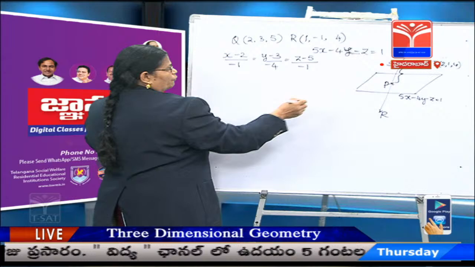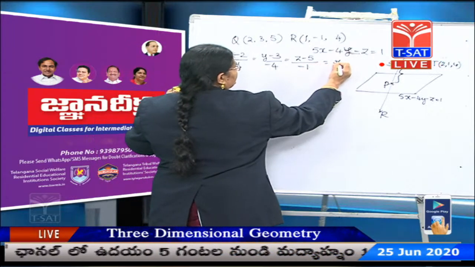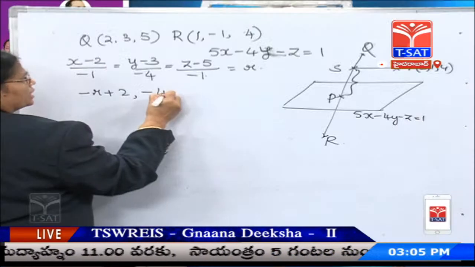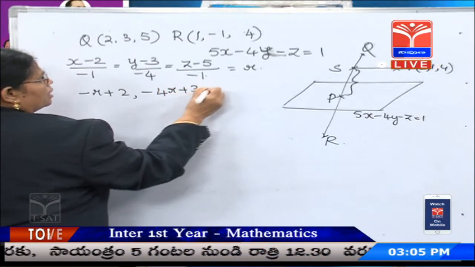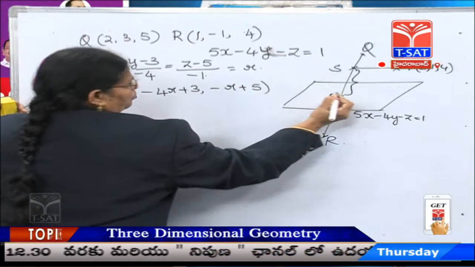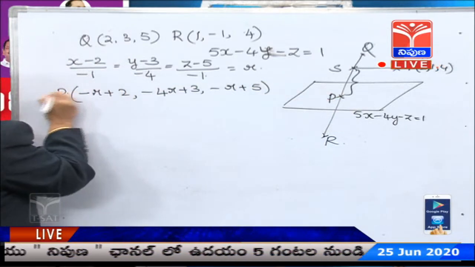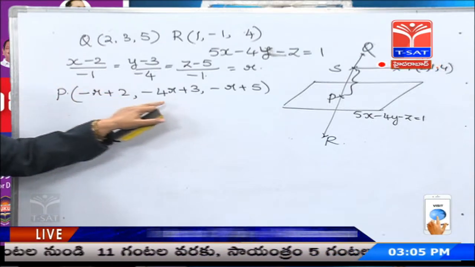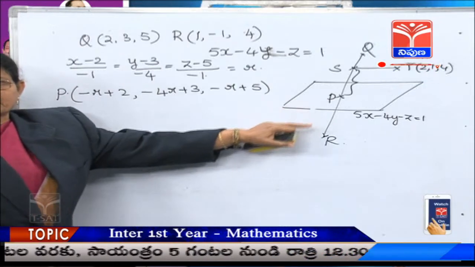Now, any point on this line is (minus r plus 2, minus 4r plus 3, minus r plus 5). This is the point P. Now, the next step: P lies on the plane, since it is the point of intersection of the line with the plane.